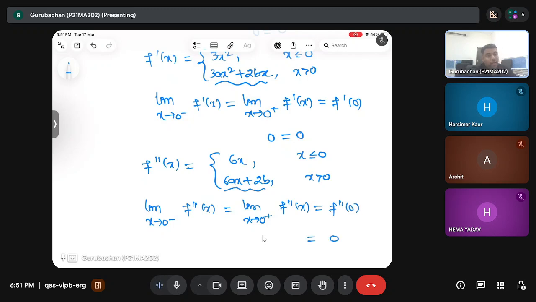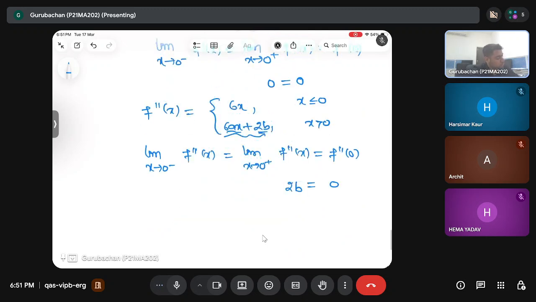But the second part will now contribute 2b, because it is independent of x, so the constant will remain the same, and the other part goes to 0 as x goes to 0 from the right hand side. So from here you will get b equal to 0, and a can be any real number. It will not affect the twice differentiability of our given piecewise function.